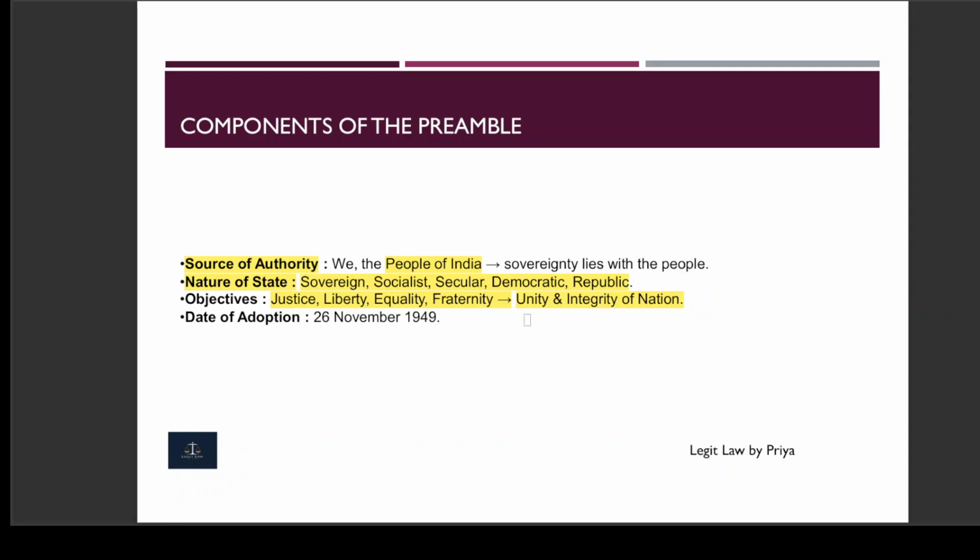It also says that justice, equality, and fraternity are to be given to all the citizens, no matter whether the person is rich or poor, equally to all. It also states the date of adoption of our constitution, that is 26 November 1949.